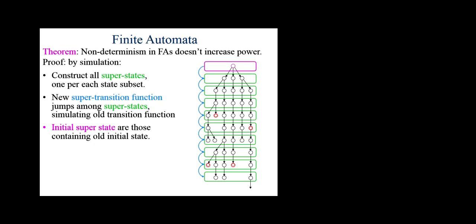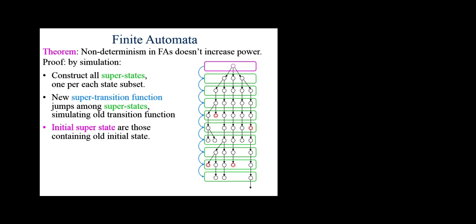Some symbol in the alphabet, when this particular string being run here came along, caused the initial state to go to these three next states. And so therefore, this superstate in purple will go to this superstate in green in one fell swoop, in one super transition, one super jump. How many sort of begin to see what's going on here? Good, that's a bunch of you.